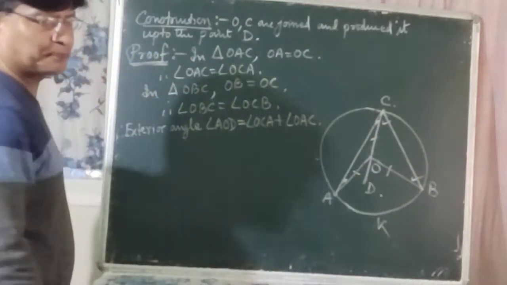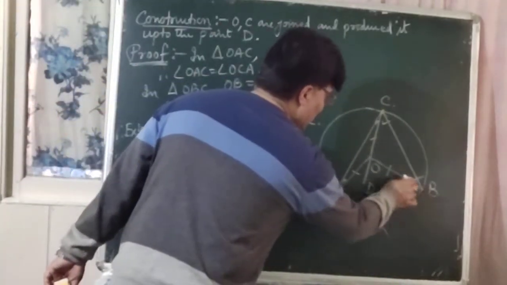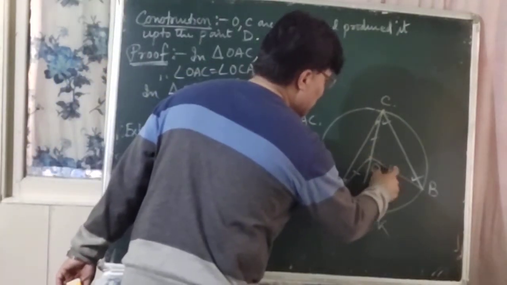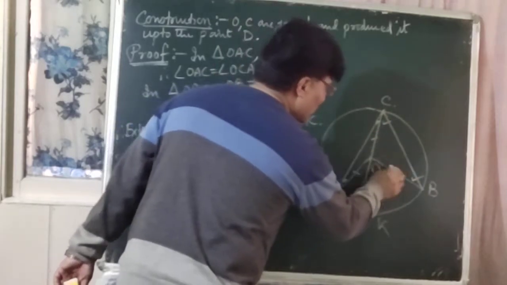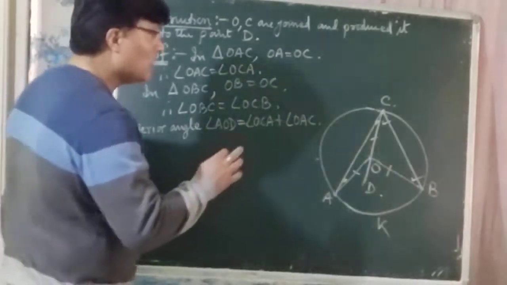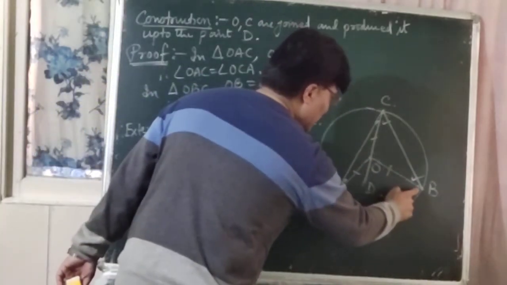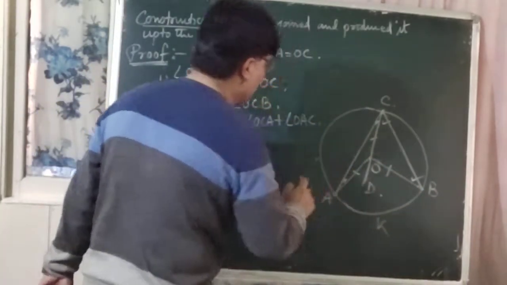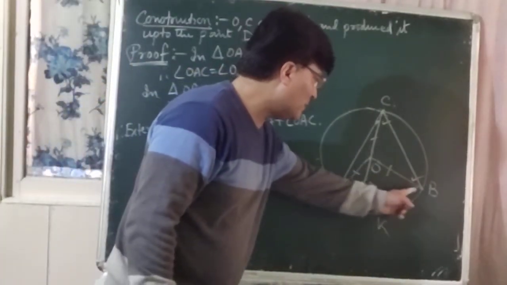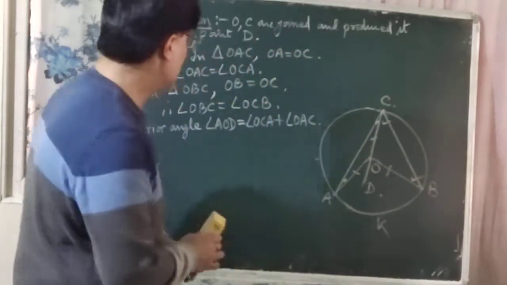Similarly on the other side of CD, what can you say? We can say that this angle BOD is the exterior angle, and since in this triangle OBC, angle OBC and angle OCB are the interior angles, and angle BOD is the angle outside the triangle, this is known as exterior angle BOD. So in this case also, exterior angle BOD is equal to the sum of the interior two opposite angles, right?